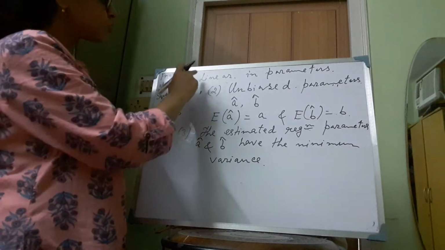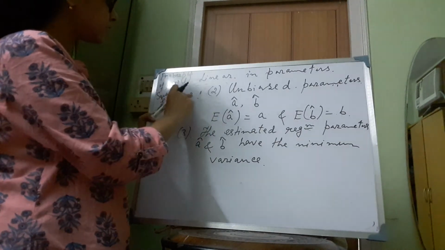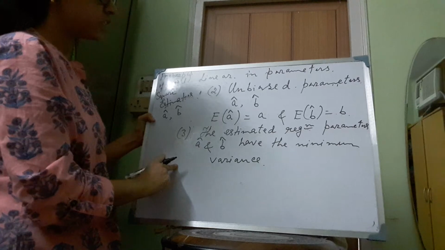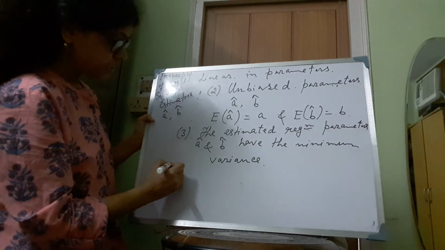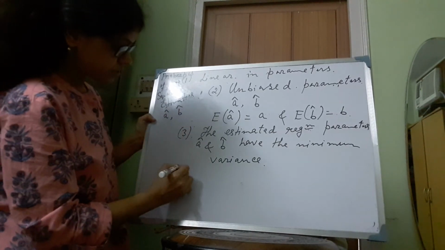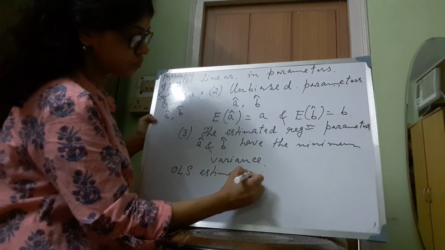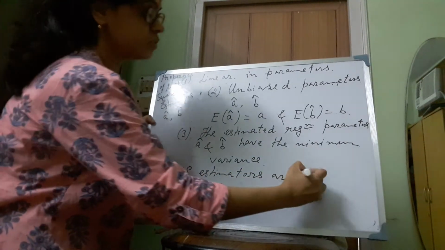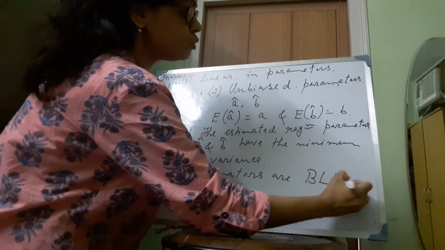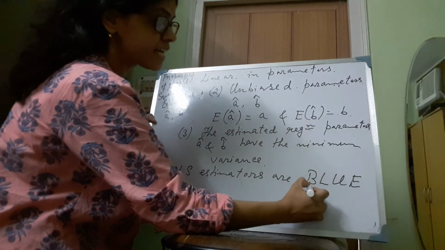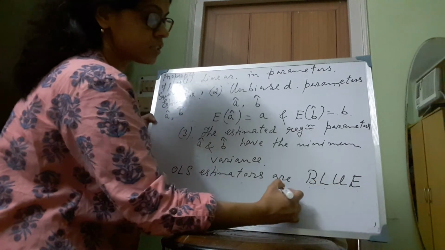Since the estimators follow all these properties, therefore we can say that the OLS estimators are BLUE. That is, it is best linear unbiased estimator.